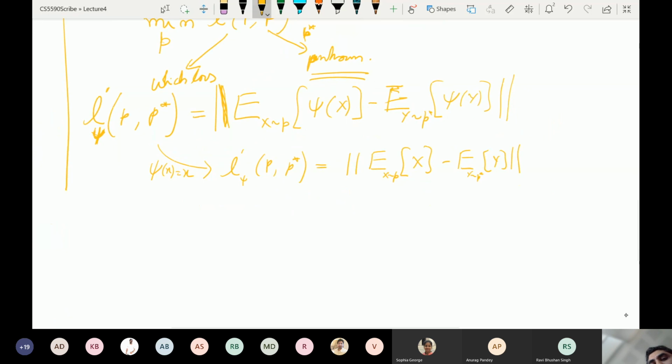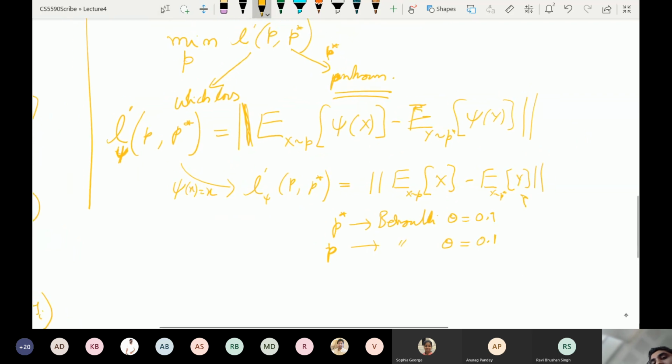Okay. For example, if p star is a Bernoulli distribution with probability of heads equal to say 0.9, and p is Bernoulli distribution again, but with probability of heads equal to 0.1, then what does this formula simply evaluate to?